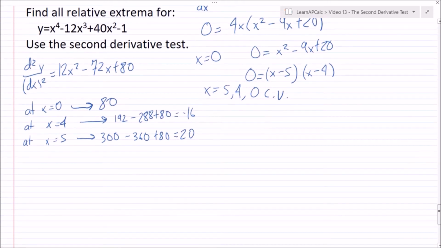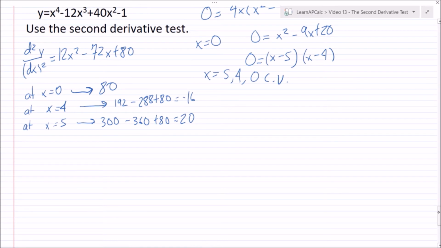And so let me just sort of give you an example of how to talk derivative. I'll do it for the first one. Since dy dx equals 0 at x equals 0, x equals 0 is a critical value.